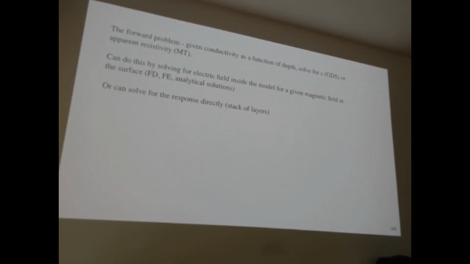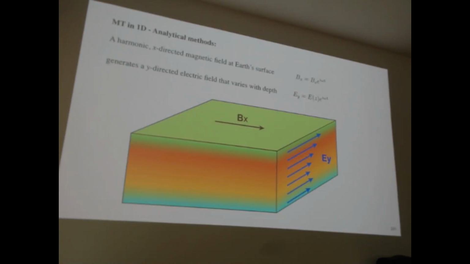That turns out to be a very efficient way of doing the one-dimensional model, and it's the way everybody does one-dimensional modeling. But I'm going to introduce you to the finite element and finite difference methods in one dimension, because when you go to 2 dimensions and 3 dimensions, that's the only way you can do it. So by introducing it in a simple case, I'm getting you ready to be able to do it in more complicated ways.